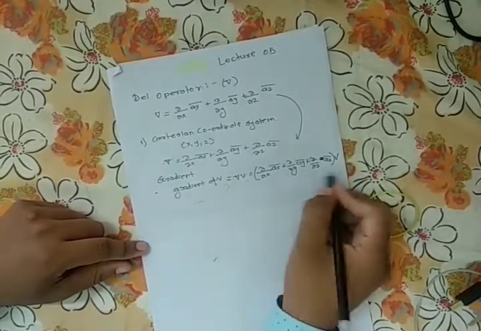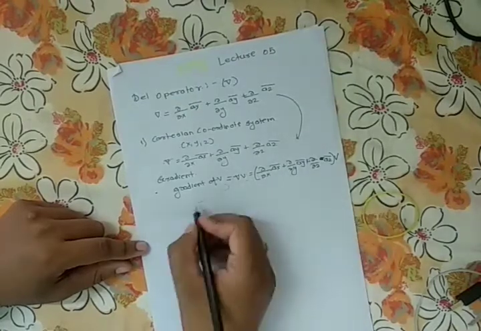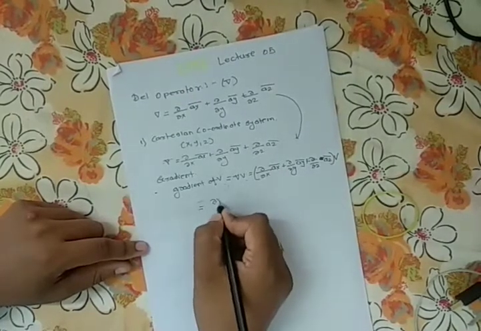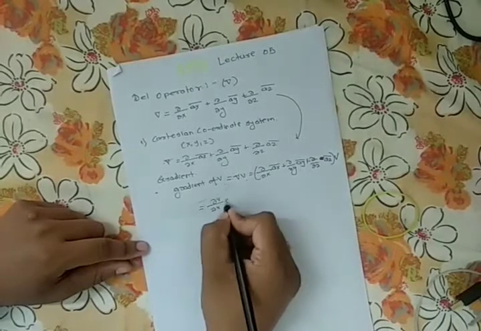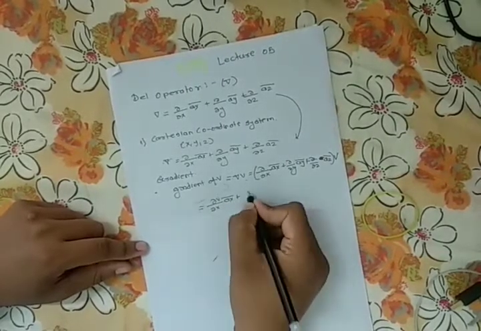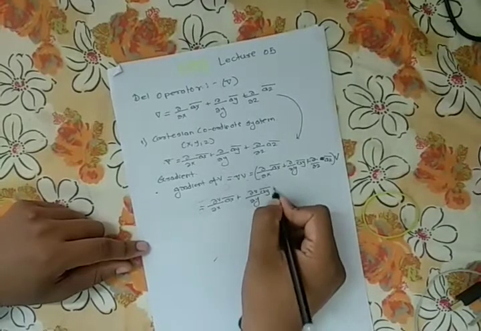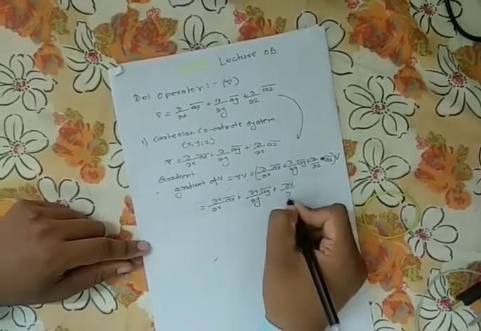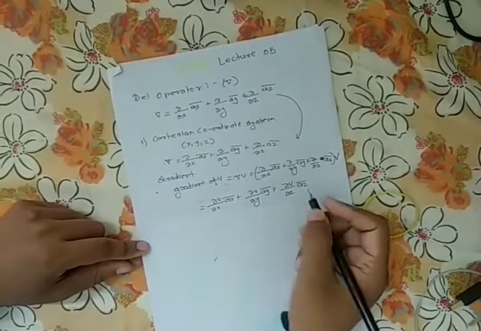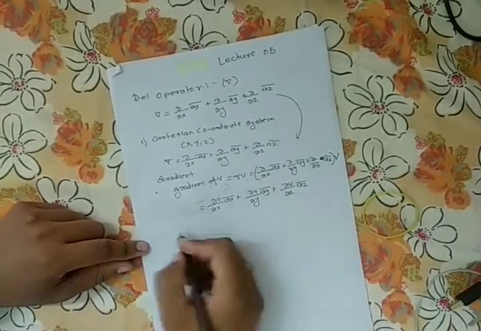So I will multiply this v with each and every term inside the bracket. So del v by del x ax bar plus del v by del y ay bar plus del v by del z az bar. So that way we can explain this gradient.